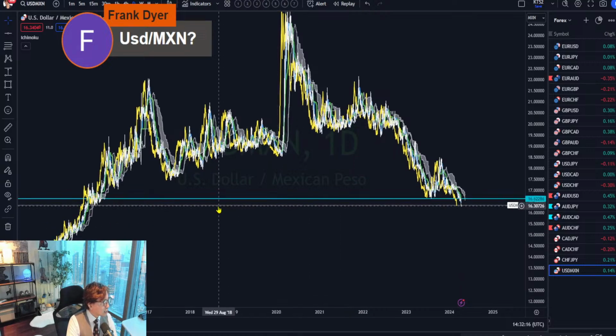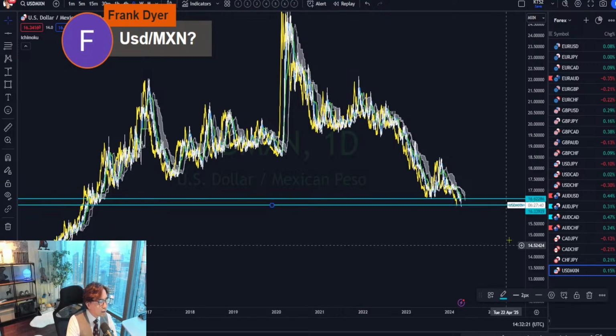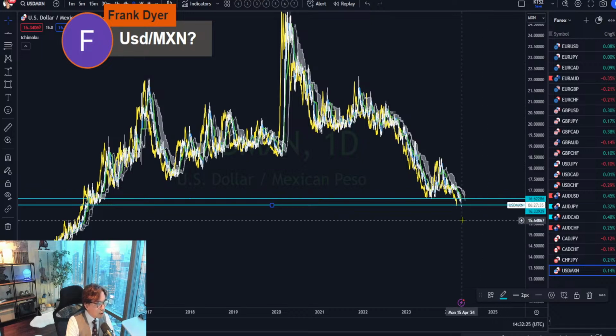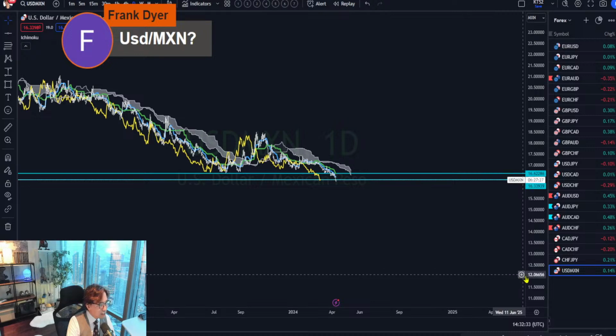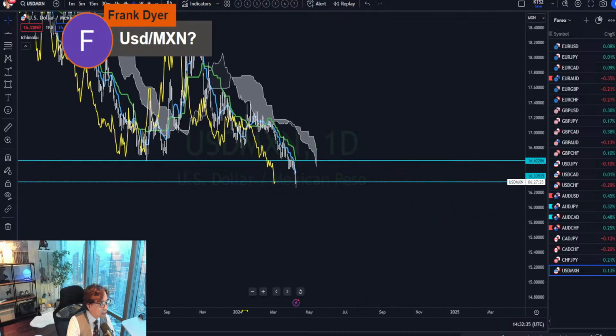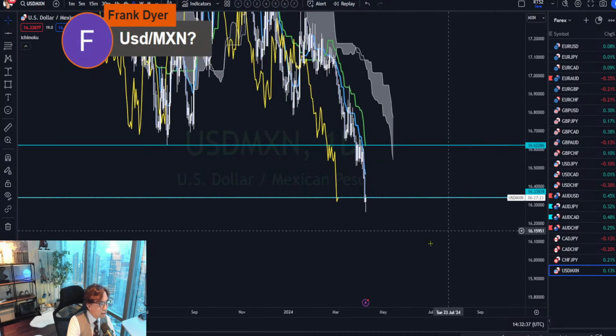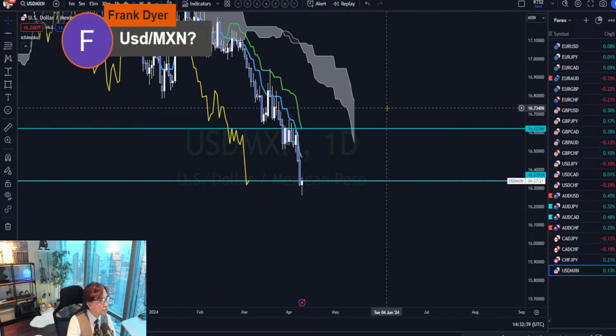Okay, I can see that there are some multiple support levels on 16.3393, where the price is right now, all the way back in 2015 October. I see some support. So the market may retrace, but I think the price just continues bearish.